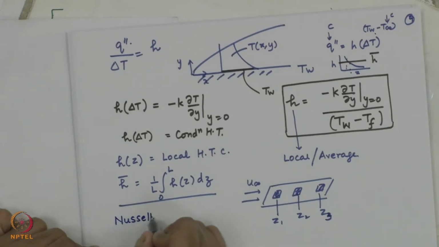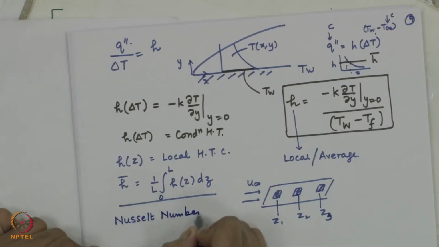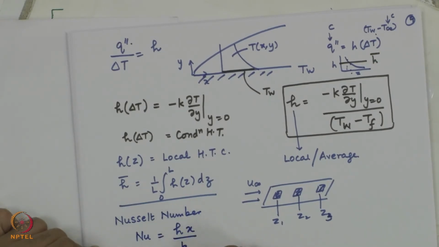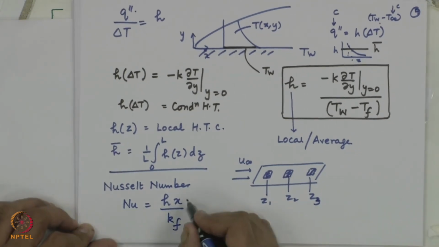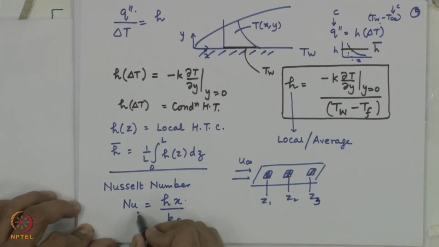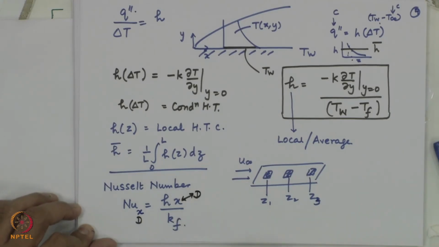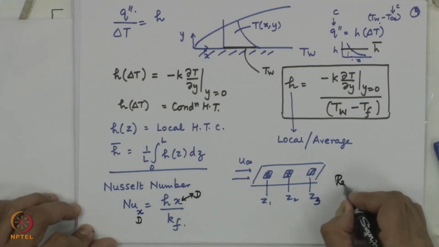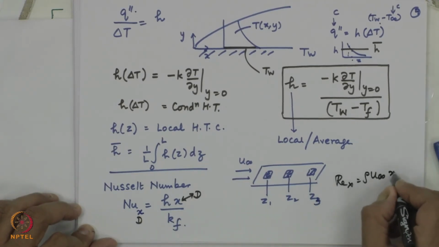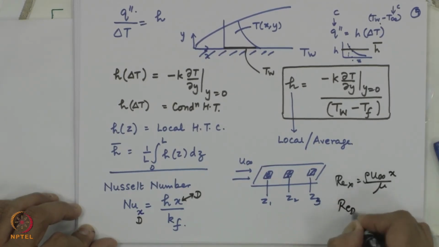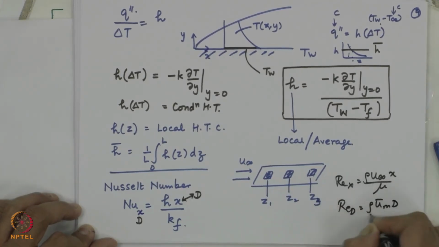Last but not the least, we have to define a non-dimensional number, the Nusselt number, which is defined as Nu equal to H into characteristic length divided by the fluid thermal conductivity, H into x by k f. For internal flow, x is replaced by D, just as in your Reynolds number definition, Re x is rho u infinity x by mu, Re D is rho u bulk mean D by mu.